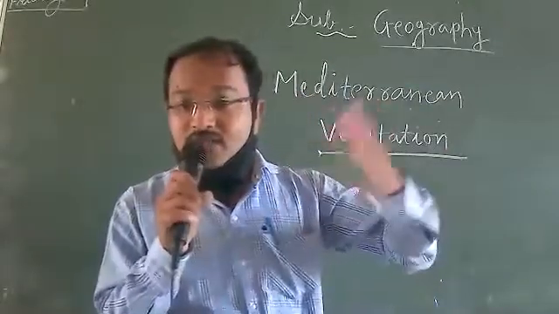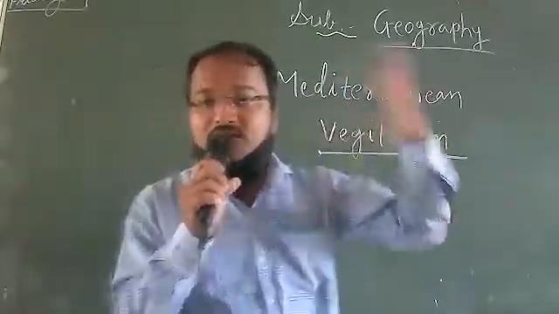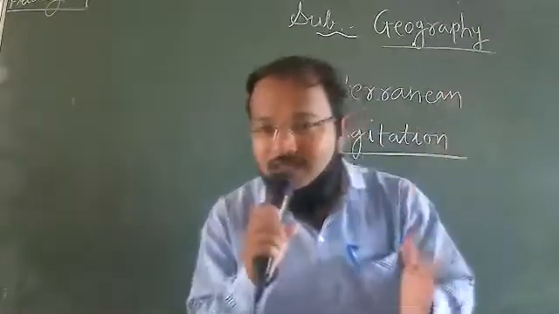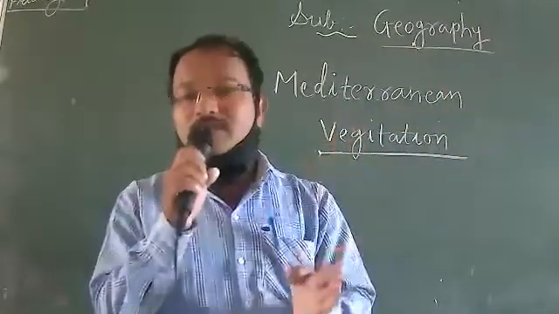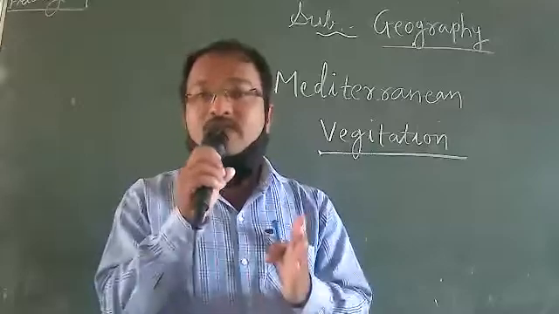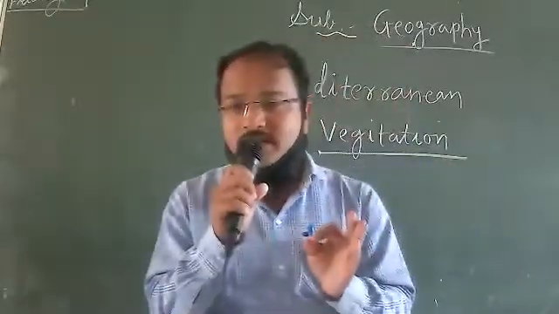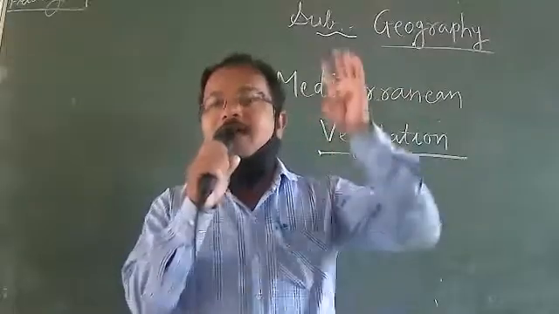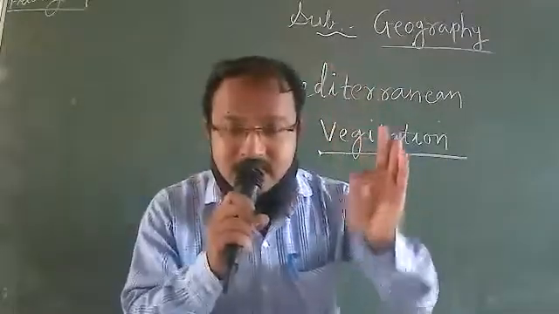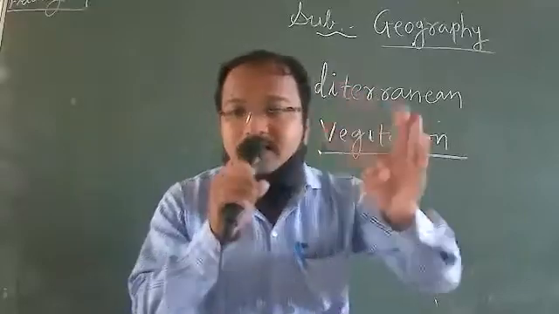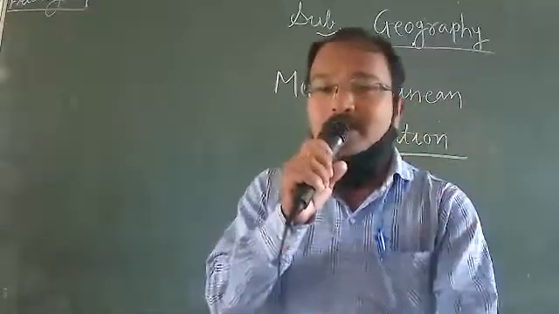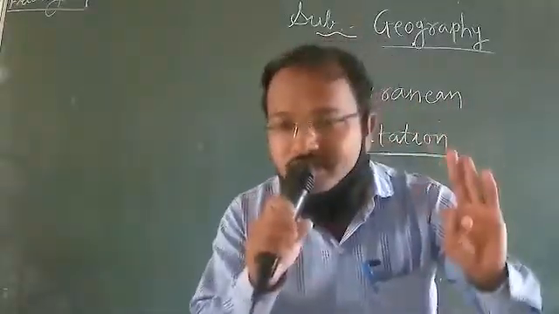So the east and northeast margin and the west and southwest margin are different. This is a very important point that we have to notice. The east and northeast margin is covered by temperate evergreen and deciduous trees.